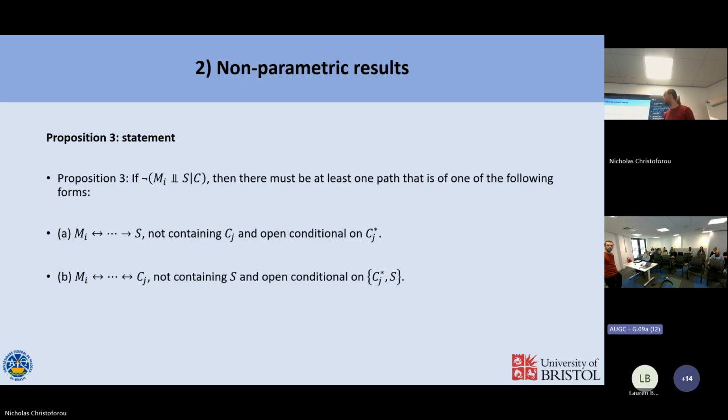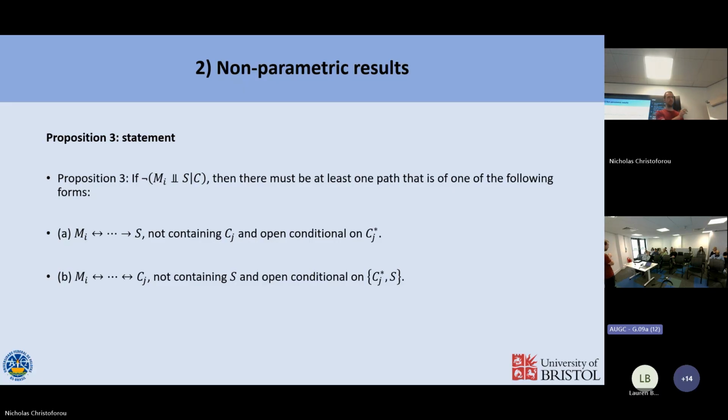It's a similar proposition: I have a dependence condition, and I know that this dependence condition, given assumptions A1, A2, and A3, implies that either A and or B is the case. What is the dependence condition? That the incomplete variable under consideration is associated with selection conditional on complete variables.